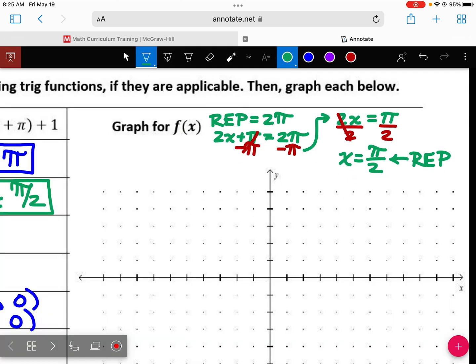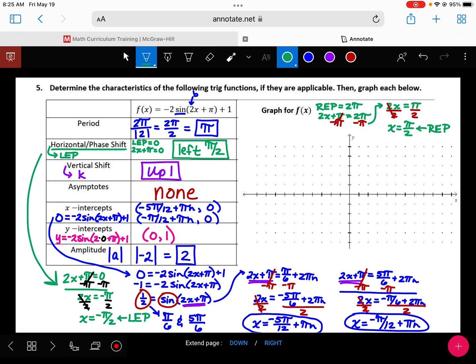All right. Help me out here. There's two different things we need to determine before we can actually start getting any points down. One is what we're going to count by on the x-axis. To figure that out, I'm going to look at where my left endpoint is, where my right endpoint is, and my period. And then I also need to know what sine looks like.